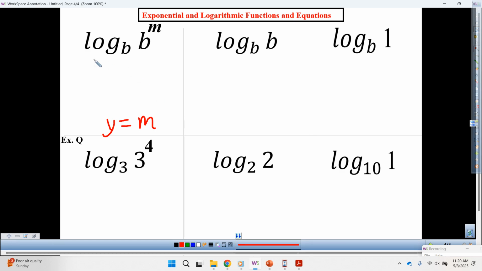Let me show you. Look up. We set this equal to y. Now that we have a log function, the first thing we do is change it to what? Exponential, is that correct? So, what is my base? Base is b. My exponent is y. And what is the given number? b to the m. Is that correct? And what do we know? Since these are the same, we just focus on the exponent. So what does that say? Y equals to what? M. Copy that, please.